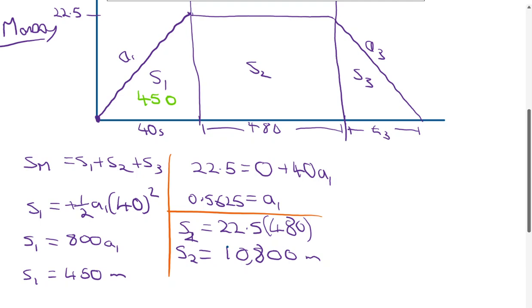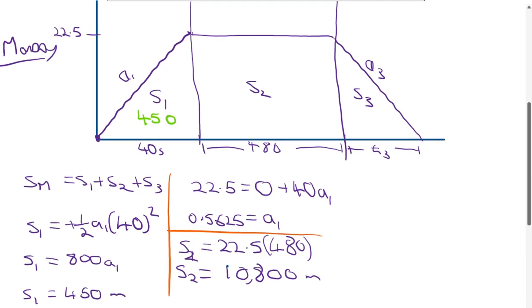Okay, and that's all we can definitely figure out, because in S3 here, we don't know the acceleration, we don't know the distance traveled yet, and we don't know the time yet. So we can't really do anything except possibly write down what the equations of motion tell us.